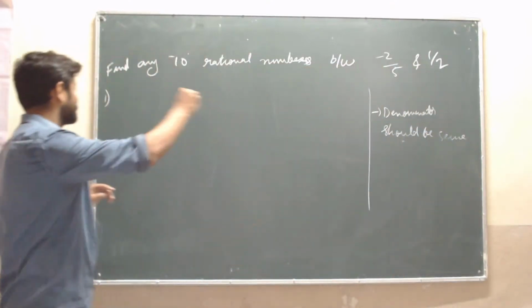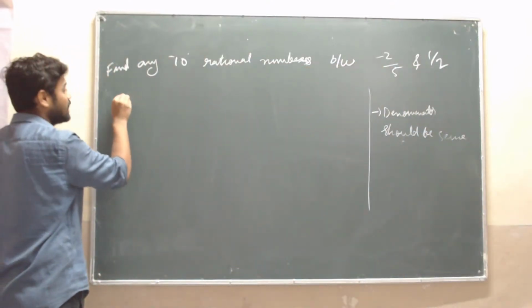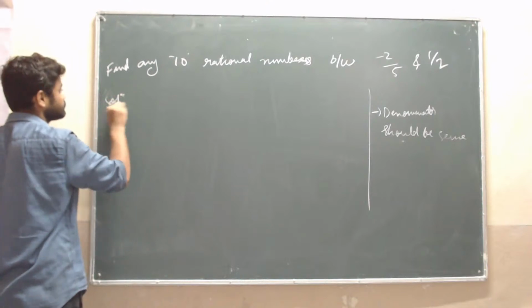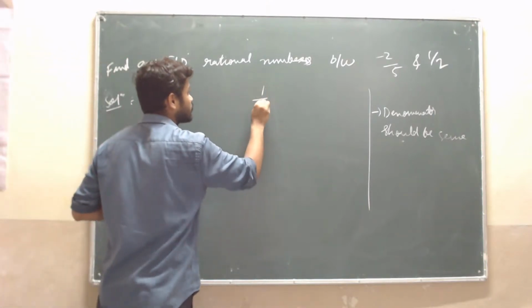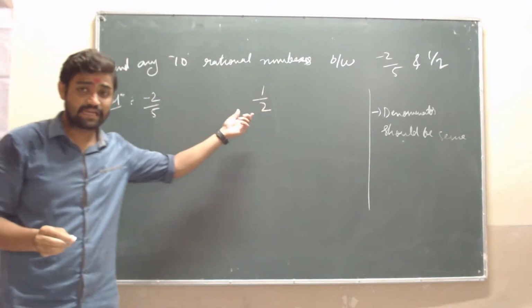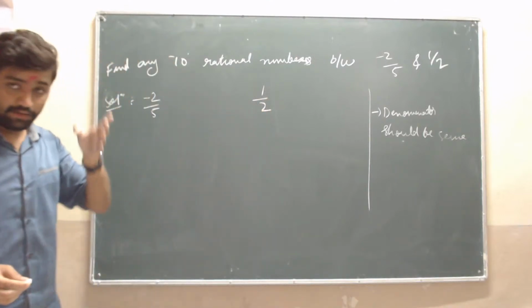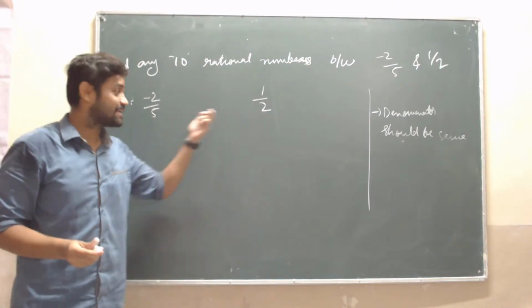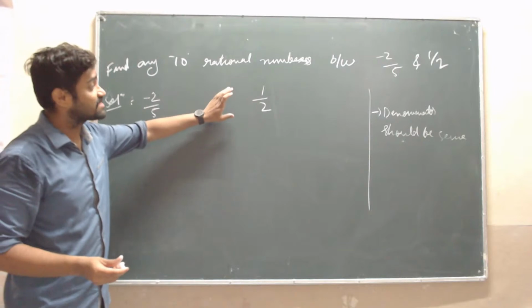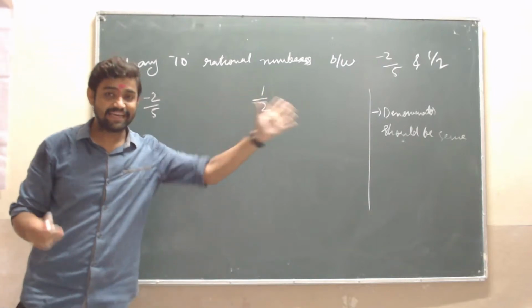Yes, denominator should be same. And we have the question, solution: minus 2 by 5 and 1 by 2. Are these two denominators same? No, sir. Denominators are different. Then first make the denominators equal.